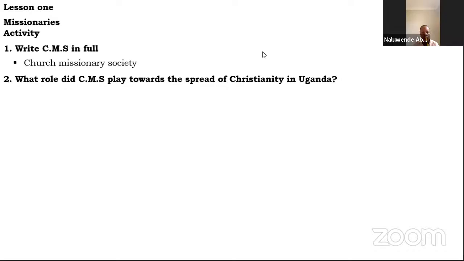Give that answer again. It sent missionaries who spread Christianity in Uganda. Correct, Nalukwago. The Church Missionary Society sent the first group of missionaries to Uganda. Thank you. Let's move to number 3.